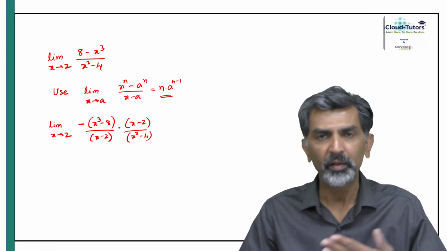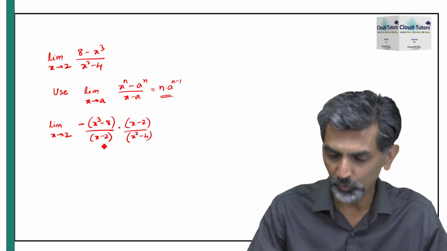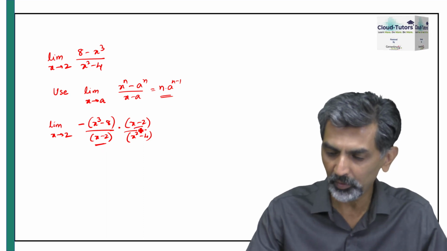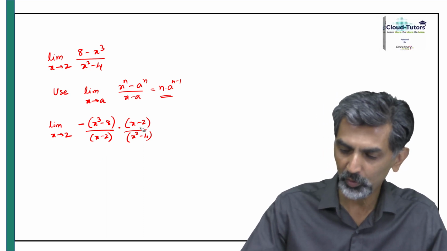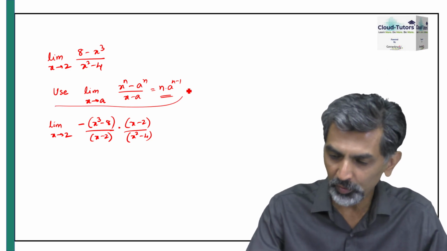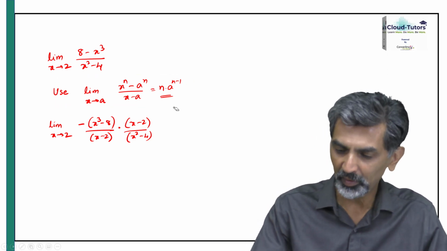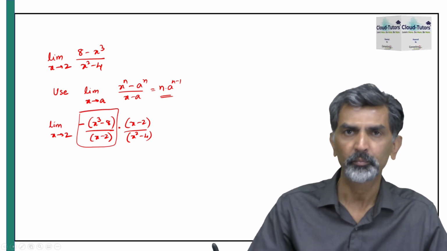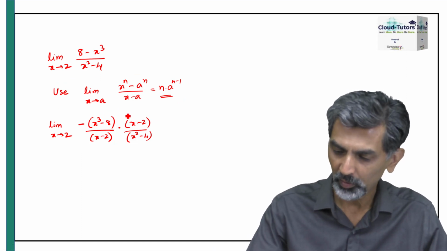So I have multiplied and divided by x minus 2. We have an x minus 2 in the denominator and an x minus 2 in the numerator, so nothing has changed. That will allow me to use this result separately, once for this part and once for this part.